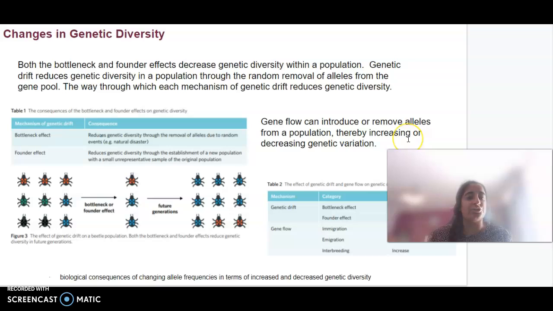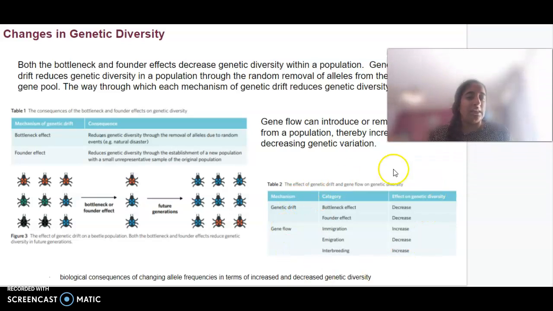So gene flow can introduce or remove alleles from a population, and that can increase or decrease the variation that may be there as well. So here with bottleneck effect, we can see that the consequence is reduced genetic diversity through the removal of alleles because of some random event, so a natural disaster, whereas founder effect is a reduction in that genetic diversity because of the new population with an unrepresented sample of the original.